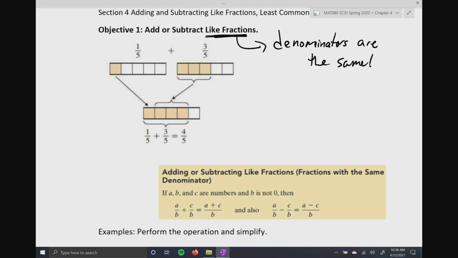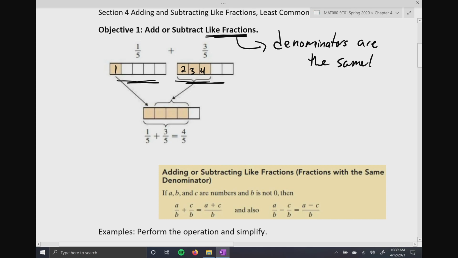You have 5 total blocks, and each one is shaded appropriately. In the first, you have 1 shaded, and in the second, you have 3 shaded. Because these blocks look the exact same, we are allowed to add. The only thing we add is the numerators. 1 plus 3 equals 4. So if you brought these blocks together, you would have a total of 1, 2, 3, 4 shaded blocks.